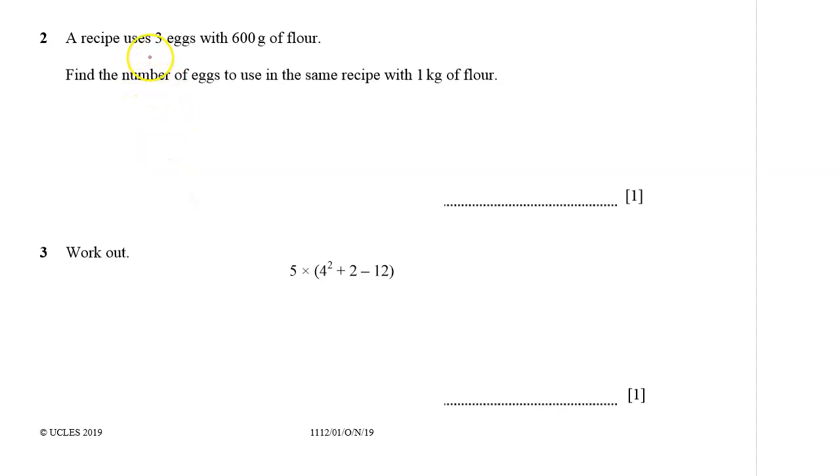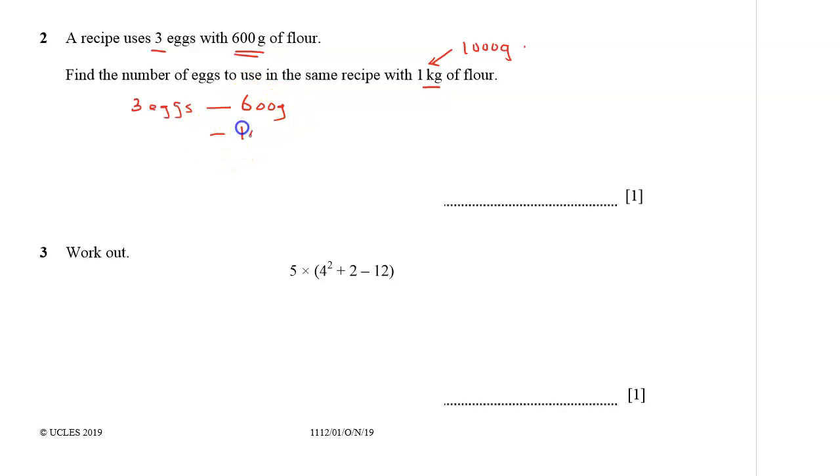A recipe uses 3 eggs with 600 grams of flour. Find the number of eggs to use in the same recipe with 1 kilogram of flour. Of course, you need to change this 1 kilogram to grams so that you have the same units. So 1 kilogram is 1,000 grams. What we are being told here is that 3 eggs are required when the flour is 600 grams.